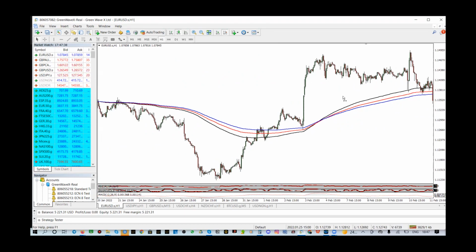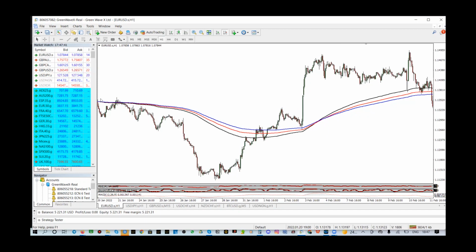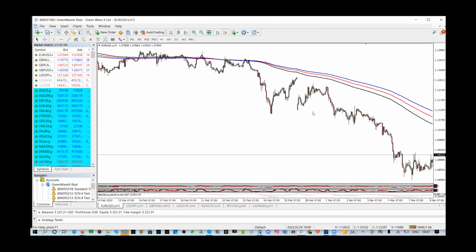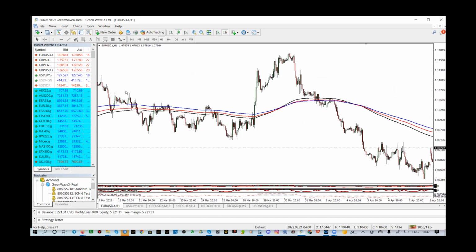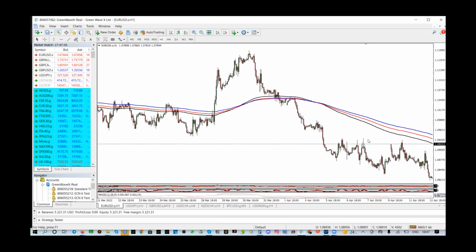Okay, that's a buying opportunity there. And I think another one here as well. Breakdown, pull back to the band, and then price drops down. So that's just what I'm talking about. Okay, so we use the band to identify the trend, and then we can also use the band for support and resistance for the end of corrections.